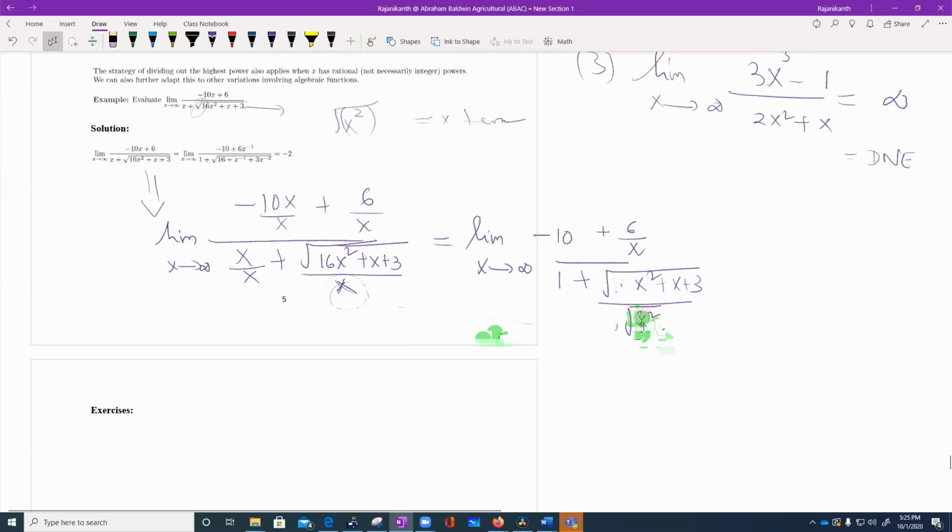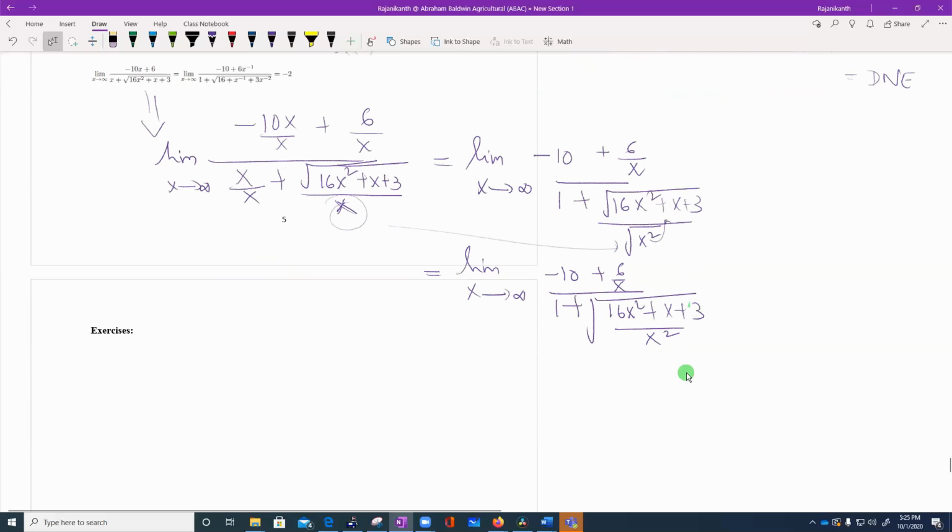Why am I writing like this? Because to match up with this square root, because I'm going to move this inside the square root. Okay, so now this will be simplified to negative 10 plus 6 over x. Now I am going to move everything under one square root. You see now? Because both of them now have a square root, I could do that easily. That makes sense?